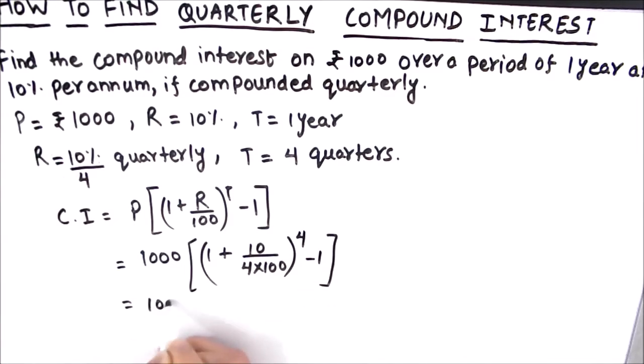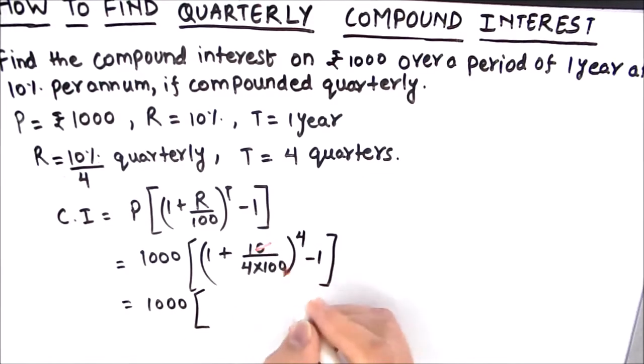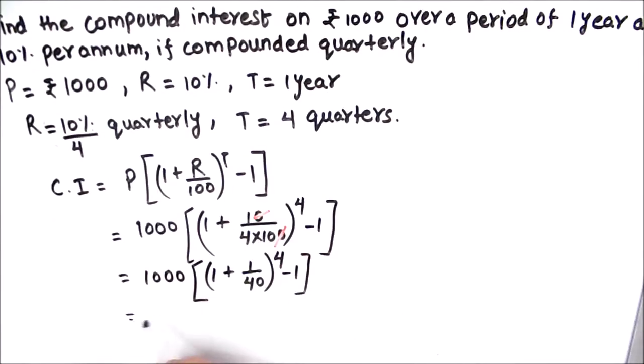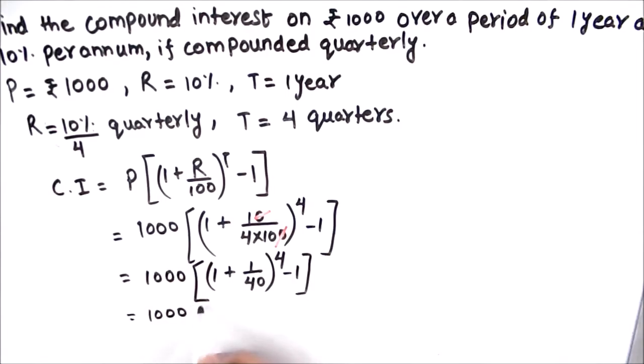This is now 1000 times, we can reduce this, the 0 gets cancelled with the 0 in the denominator. So we have now 1 plus 1 divided by 40, whole raised to power 4, minus 1. So this is now going to be 1000 times, LCM is 40, (40 plus 1) whole raised to power 4, minus 1.